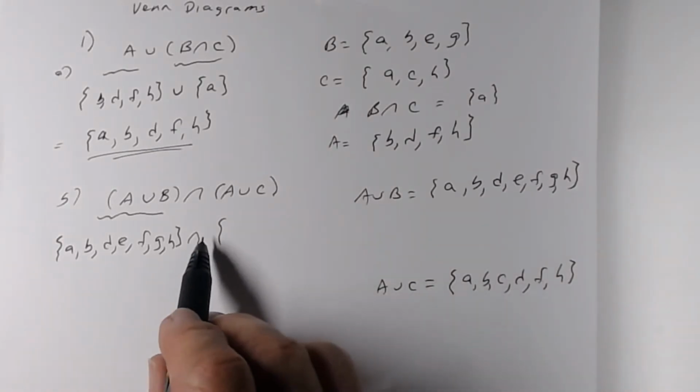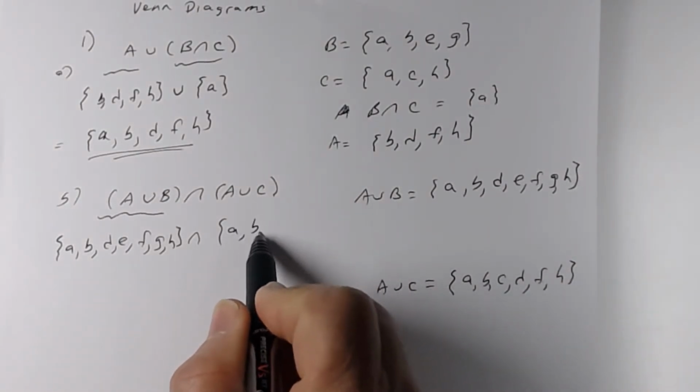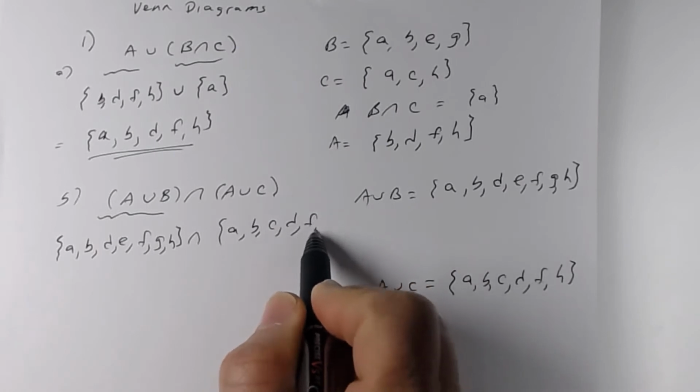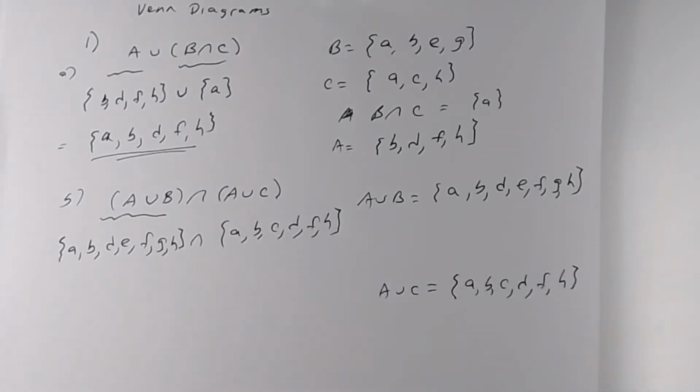And then my final answer is the two sets, see those two sets? What am I doing to those two sets? Intersecting them, right? What do they have in common? So what's my answer?